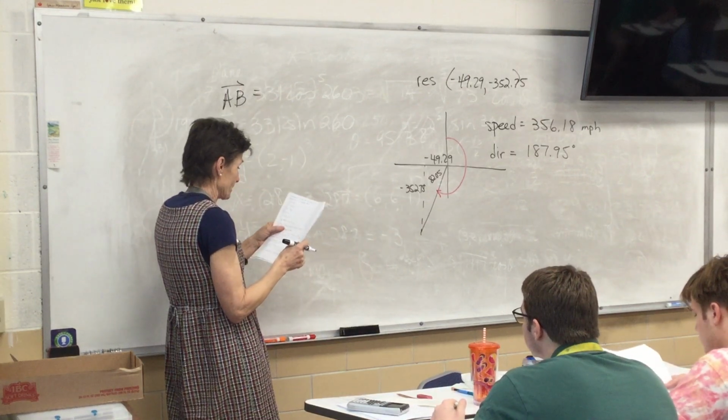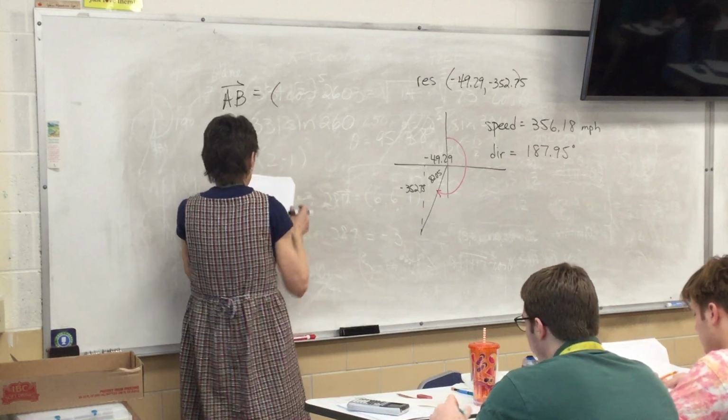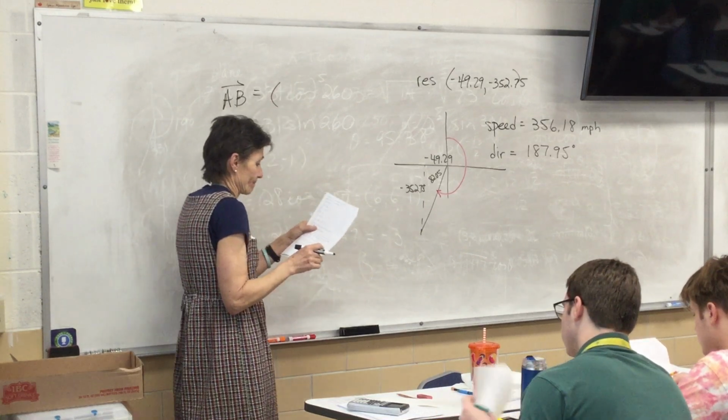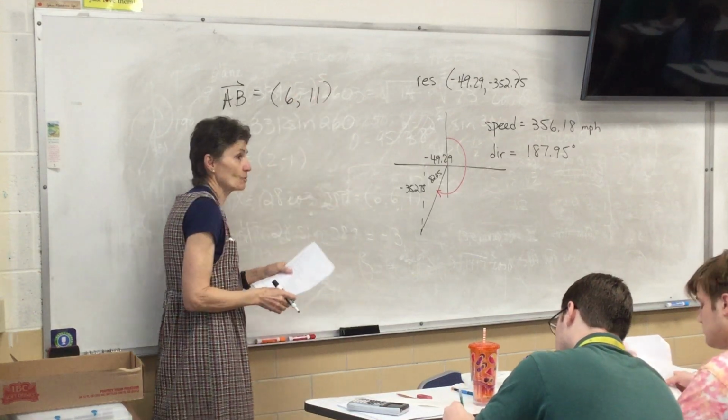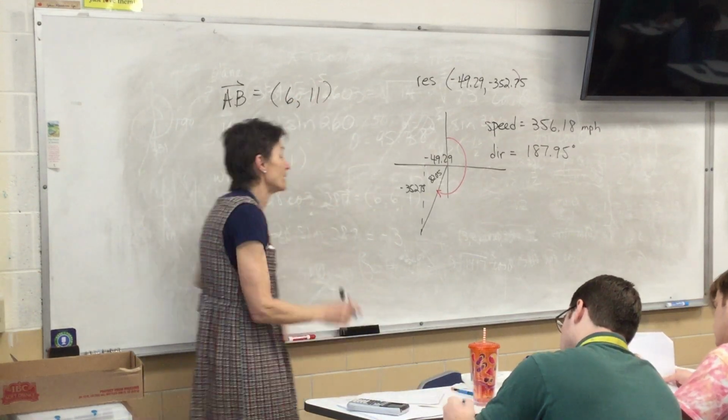So what are the coordinates of vector AB? 6, 11. Those are the coordinates of vector AB.